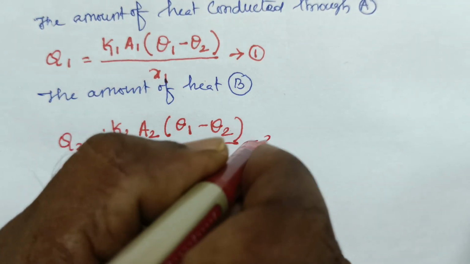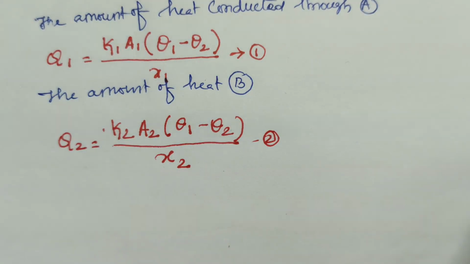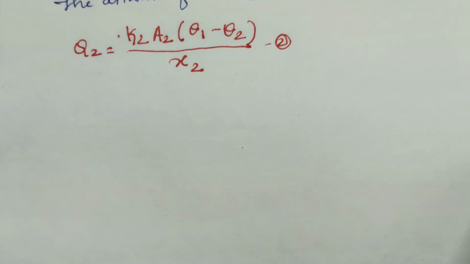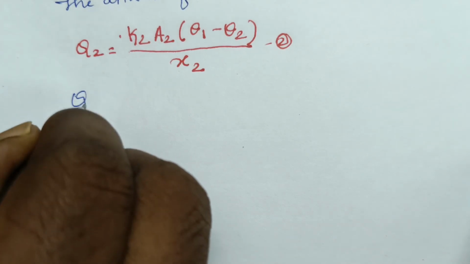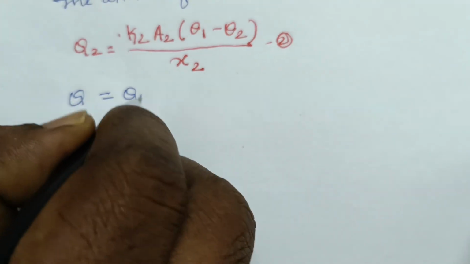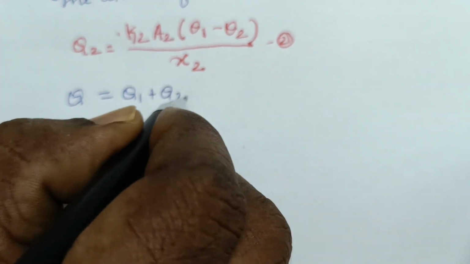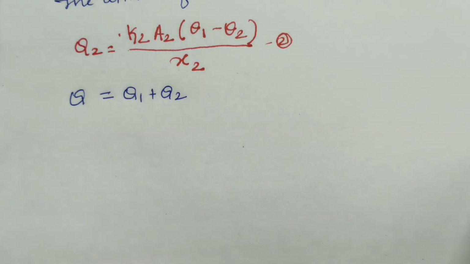This is equation number 2. Now the total heat flow through these two materials per second is equal to the sum of Q1 and Q2. That is Q is equal to Q1 plus Q2.